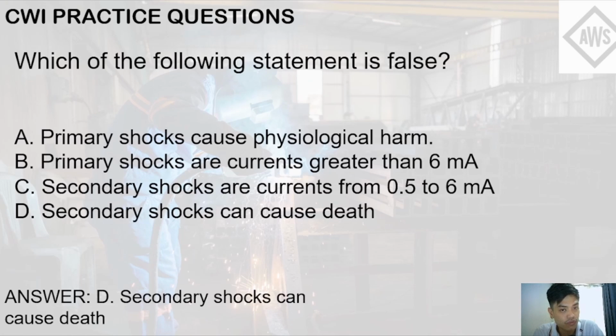They don't cause physiological harm. They might cause minor tingling of the senses or the muscles, involuntary movements of the muscles, but they will not cause physiological or irreversible harm to the organs of the person exposed to that kind of current.